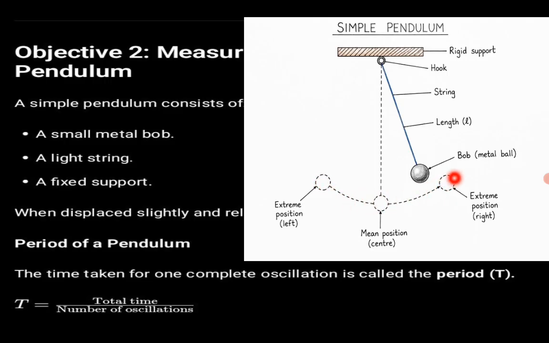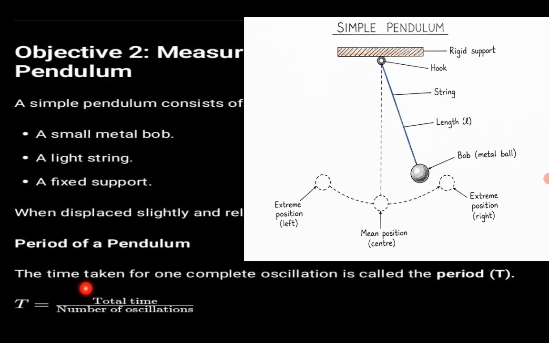So you have 2, 3, 4, 5, 6, 7, 8, 9, 10, and so on up to 20. And then when it stops, you record the time taken to make those 20 oscillations. So dividing the total time taken by the number of oscillations will give you periodic time.